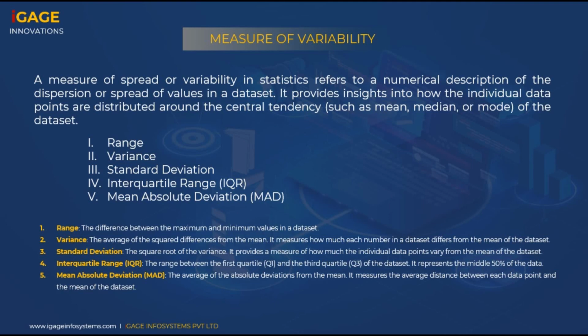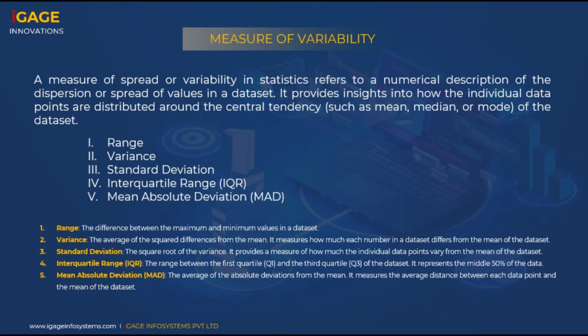We have five different measures which are used for finding the variation within the data set, and sometimes in comparison with another population as well. Among these, the first measure is range.